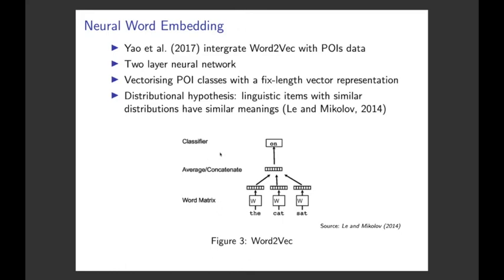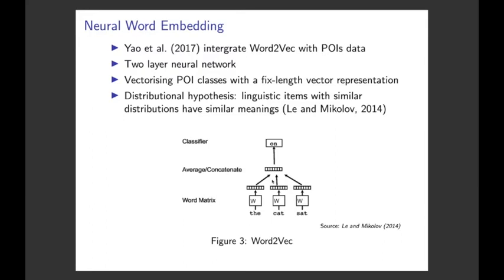In this model, the two-layer neural network vectorizes the input data into a fixed-length vector representation, which means if we input the POI classes in the input layer, we can get vector representations for those POI classes.